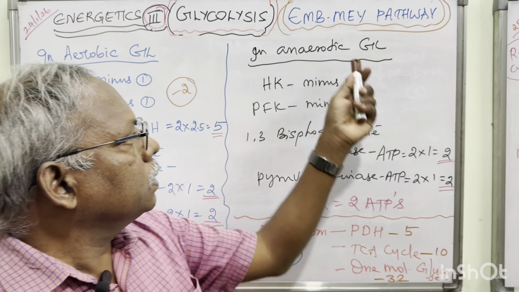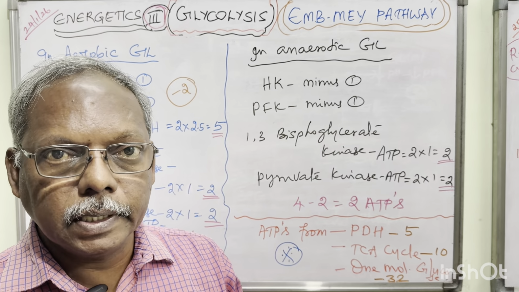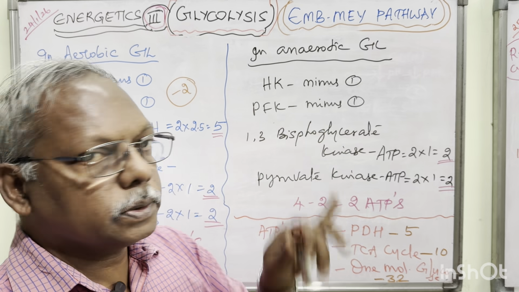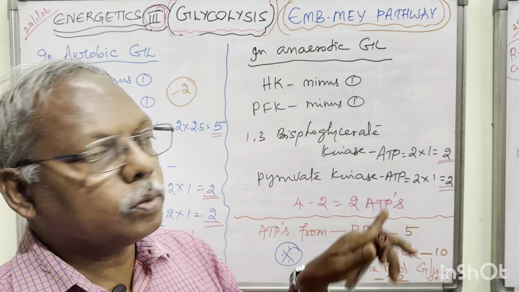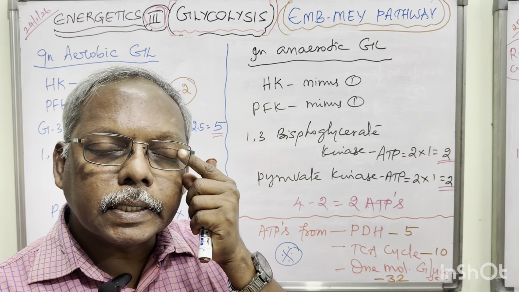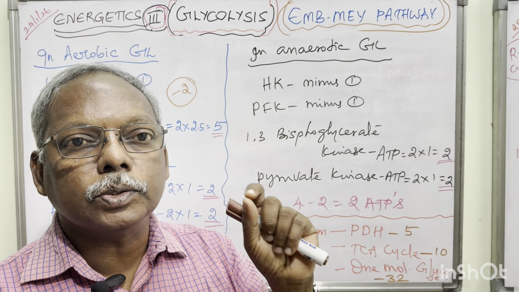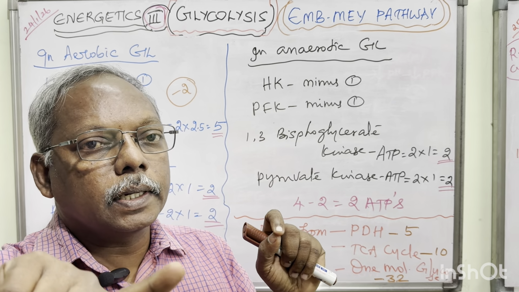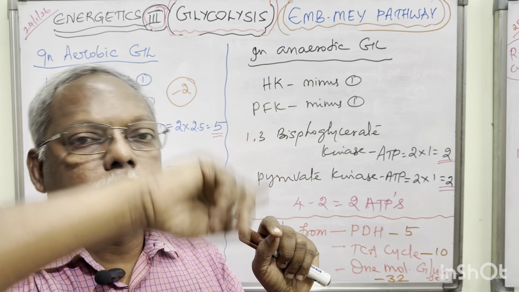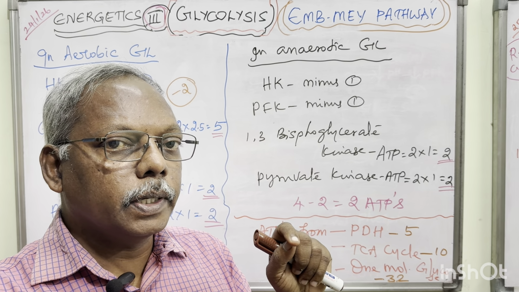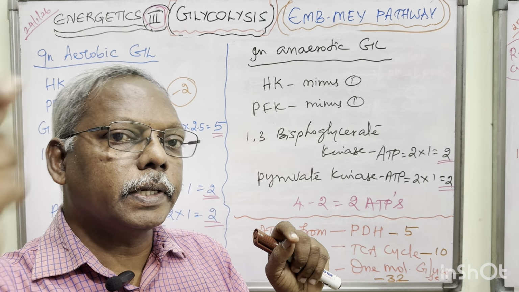Coming to anaerobic, the first 2 steps are the same. For hexokinase we are giving 1 ATP. For phosphofructokinase again we are going to give 1 ATP. The glyceraldehyde 3-phosphate dehydrogenase step is missing, because in anaerobic glycolysis the NADH is converted into NAD in the pyruvate to lactate conversion and reutilized.